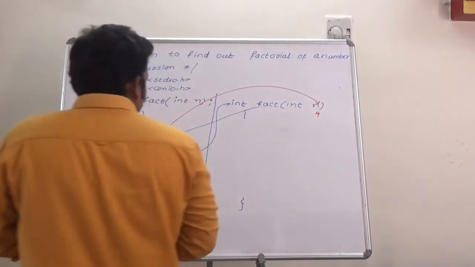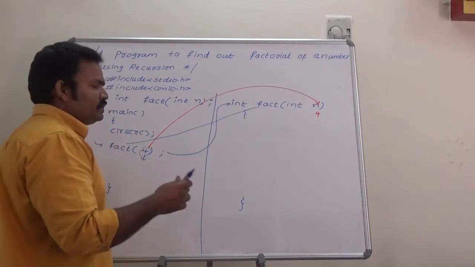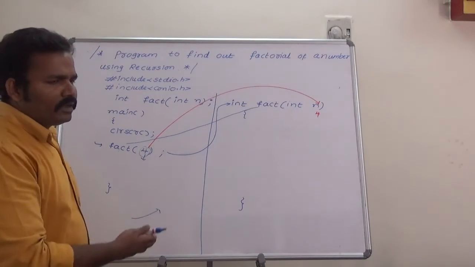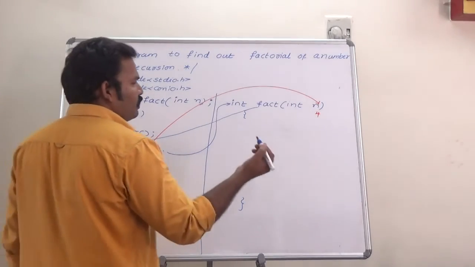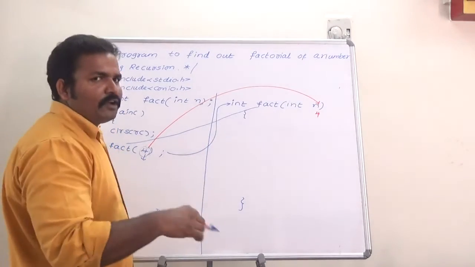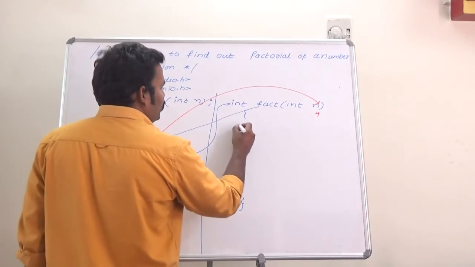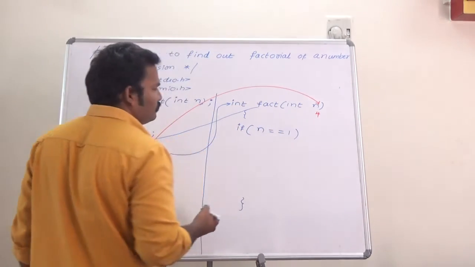The user can pass any input value. First we have to check whether the given argument is 1 or not: if n is equal to 1.